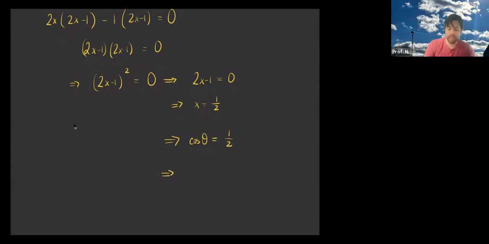So theta is equal to cosine inverse of 1/2. Theta is in quadrant 1 or quadrant 4. That must be it. 60 degrees, that's correct. So theta has to be 60 degrees, and in radians, that's pi over 3.